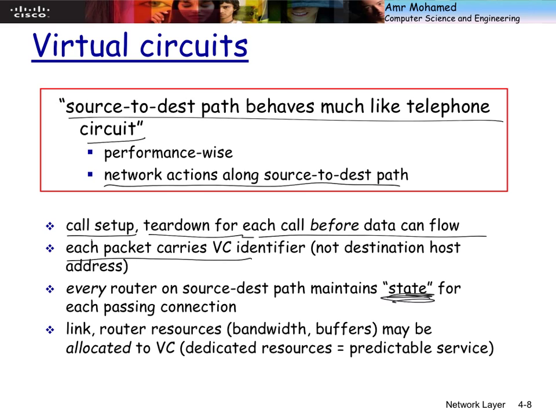So the scalability of the virtual circuit concept over a large network like the internet is really a big question mark. There is an issue of scalability in that case. There's a big issue of scalability. So each router has to maintain a state for each connection.